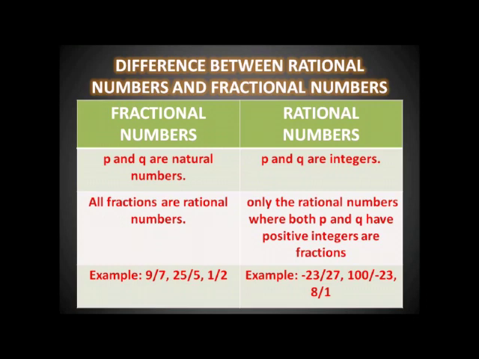Examples of fractional numbers are 9 by 7, 25 by 5, 1 by 2. And examples of rational numbers can be minus 23 by 27, 100 by minus 23, 8 by 1, or we can say 2. Why? Because 2 can be written as 2 by 1.